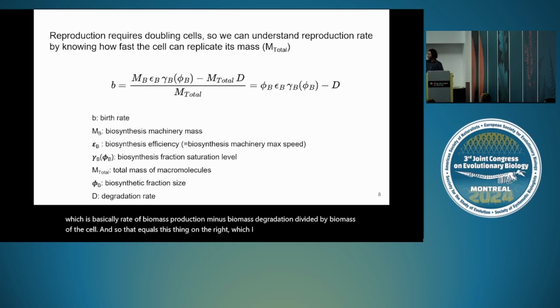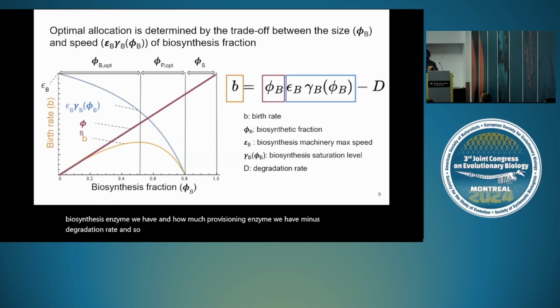So it equals phi b, which is what fraction of macromolecules are doing biosynthesis, times epsilon b, which is how fast they are working when they are saturated, times gamma b, which is how saturated they are. How saturated biosynthesis enzymes are depends on how much biosynthesis enzyme we have and how much provisioning enzyme we have, minus the degradation rate. So there is a trade-off between the size of the biosynthesis fraction and its speed.